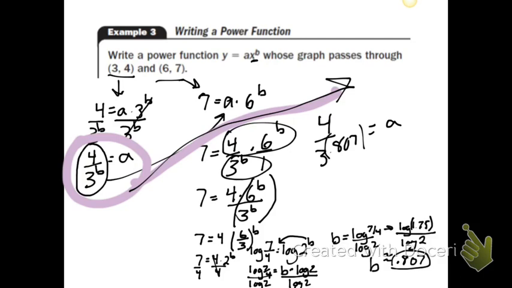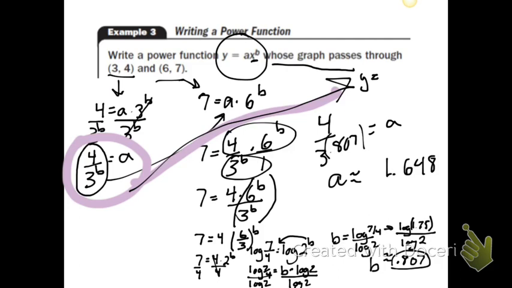If you do that correctly, you should get a is approximately 1.648. So at the end of the day, if you put all of this together, we have just figured out a power function where, if I substitute in the a value we found, we have 1.648 times x to the power of 0.807.